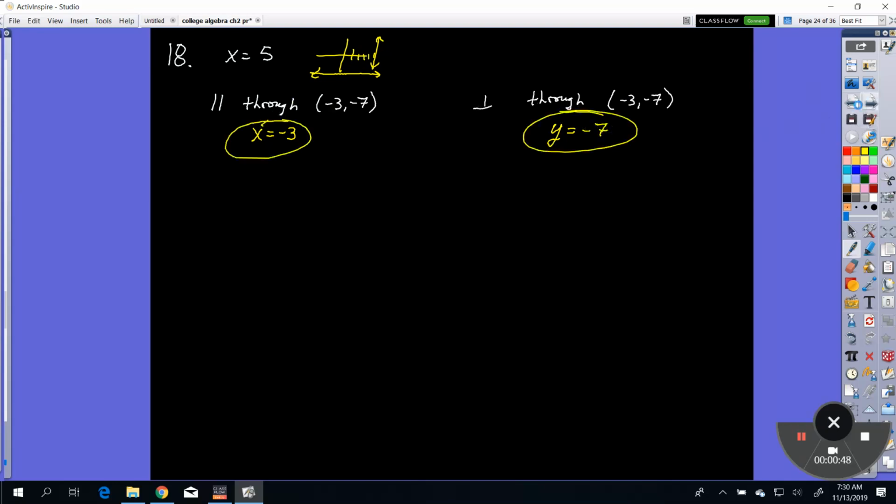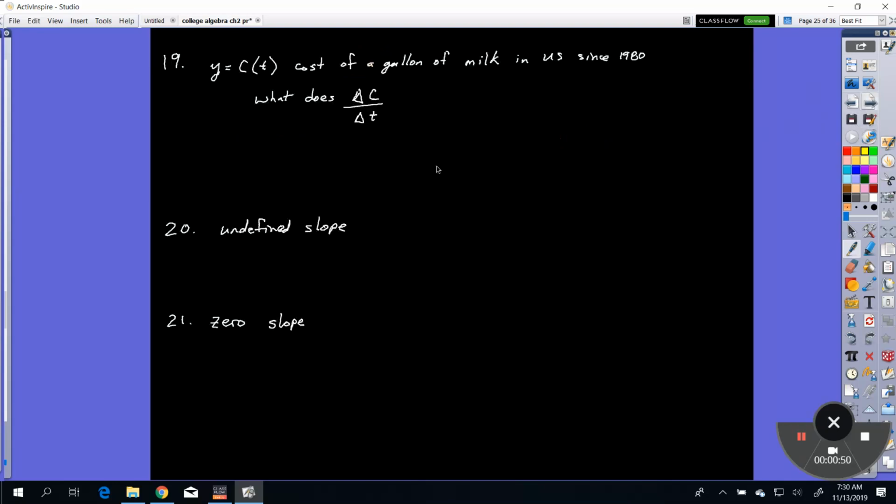Number 19. It says y equals C of t is the cost of a gallon of milk in US dollars since 1980. What does delta C over delta t mean? Remember that little delta symbol means change. And this really should say C of t. What does change of C of t over change of time mean?